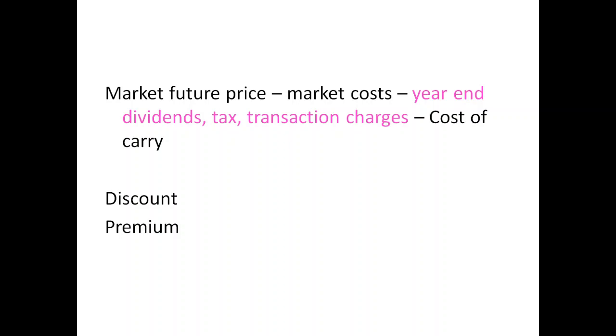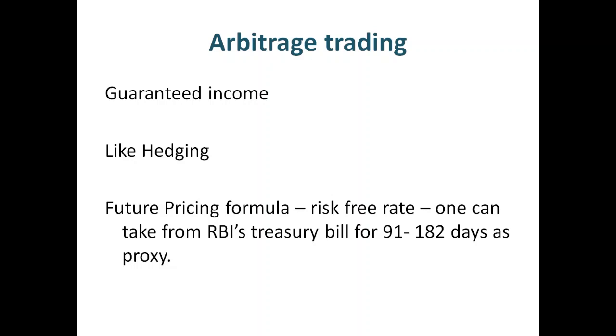So people make use of this fact and transact in different markets, which is called arbitrage trading. You must have heard about arbitrage trading. This strategy gives a guaranteed income. You will be locked in with the points, whatever you are doing in this. Since it gives guaranteed income, we don't have to worry much, but the points will be very few. When I tried this arbitrage trading, I didn't get many points.